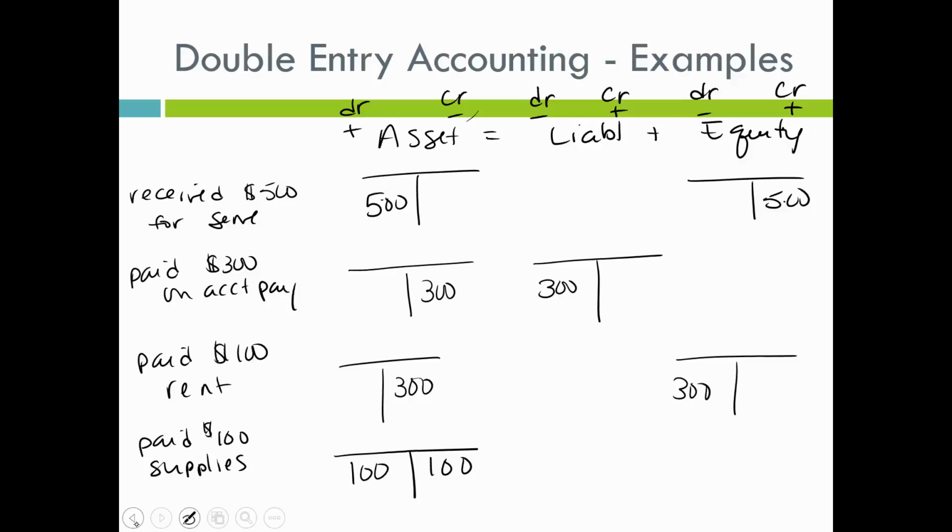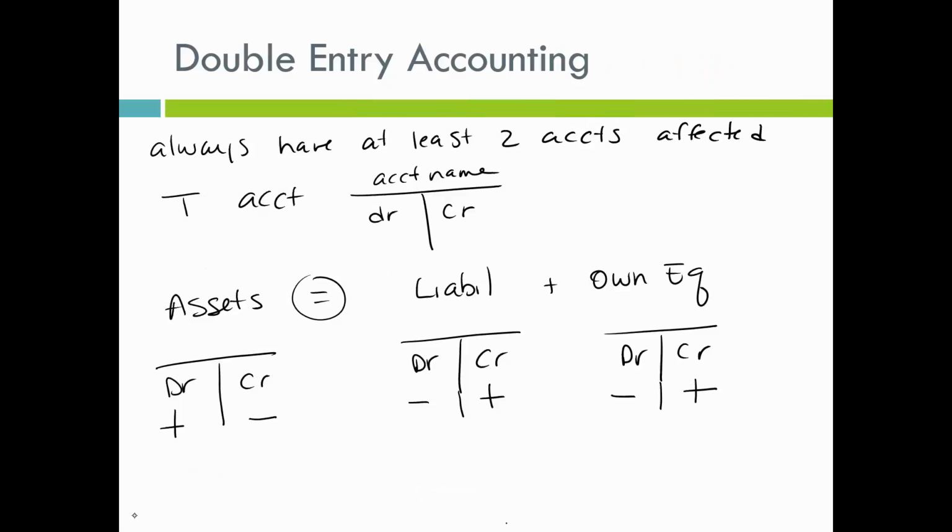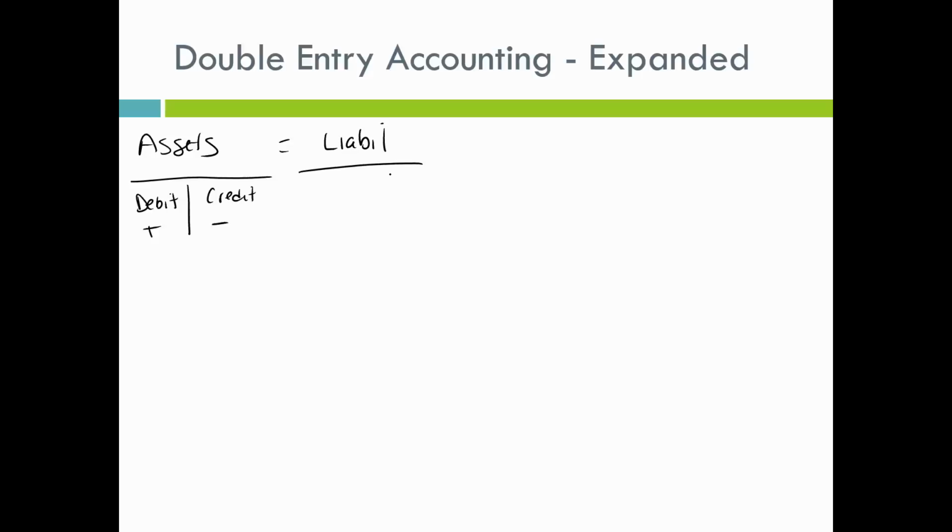So let's take this accounting equation and expand it a little bit more. I know that for assets, on the debit side it's an increase, and on the credit side that's a decrease. For liabilities, it's the opposite.